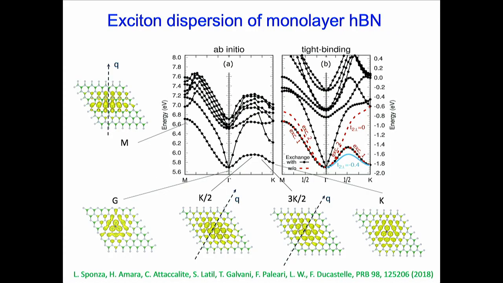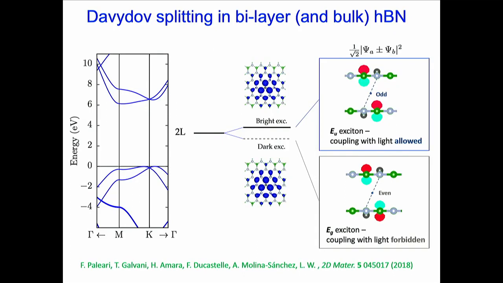And I will just show, for example, here, the full excitonic dispersion in the monolayer of hexagonal boron nitride. Again, a comparison of ab initio and tight binding calculations. Another example is the bilayer of boron nitride.